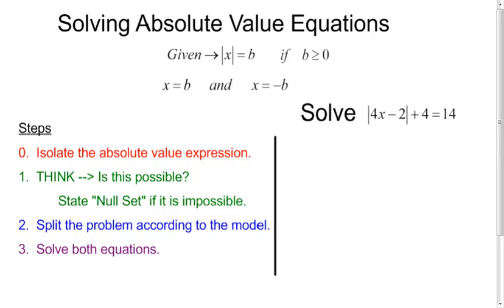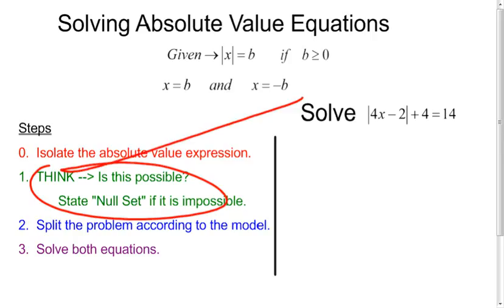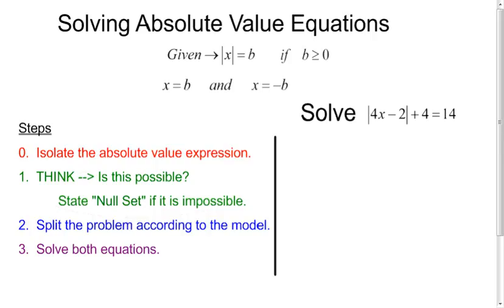Now, this part where it says think, is this possible, has to do with whether you are even getting a distance that is possible, which means the distance has to be positive. If you have a sentence that says the distance to 0 is negative, state null set because it's in fact impossible. Then you proceed with what we were talking about in the demonstration a moment ago: you'd be splitting the problem according to this model.